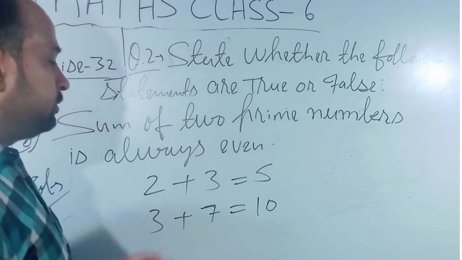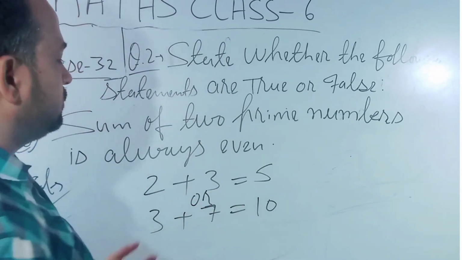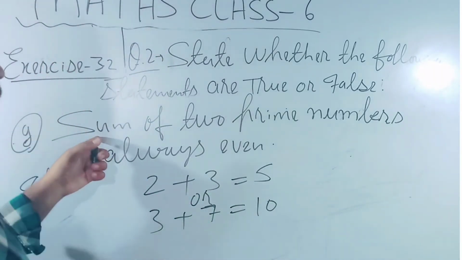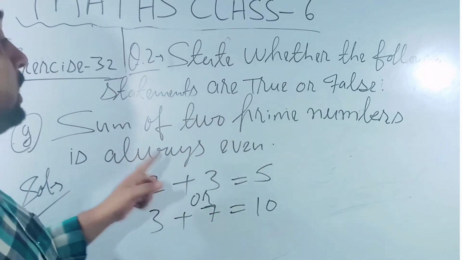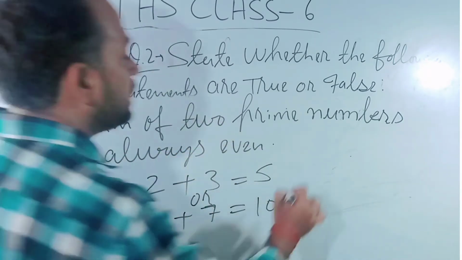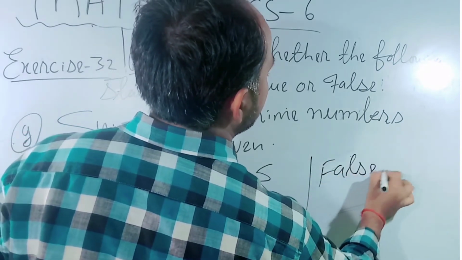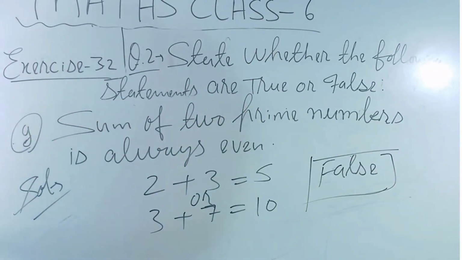But according to the first example, it's wrong, because the statement says the sum of two prime numbers is always even. So it is untrue. False. Clear?